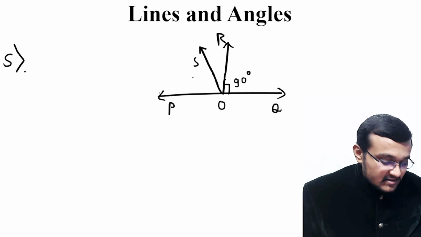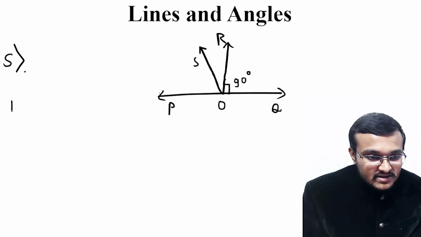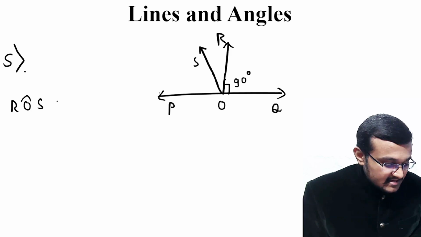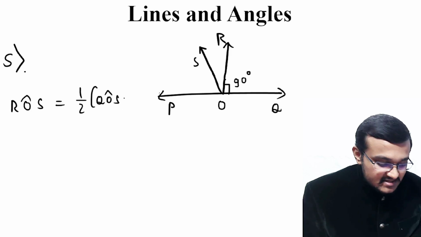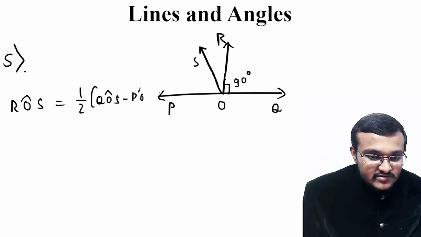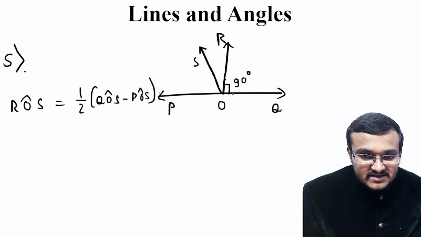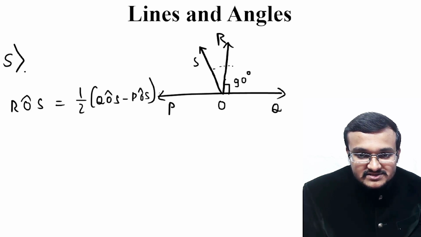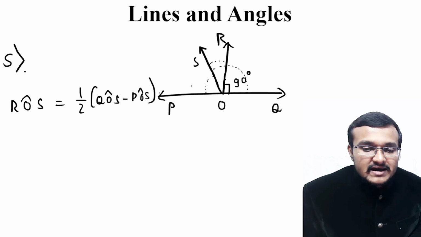Now, based on this diagram, you have to prove that ROS is equal to 1 by 2 into QOS minus POS. This is QOS, this particular angle, and POS is this angle, and ROS is this angle.